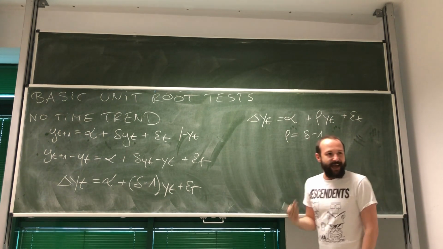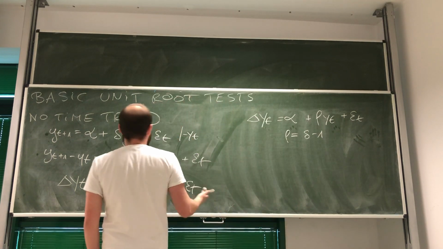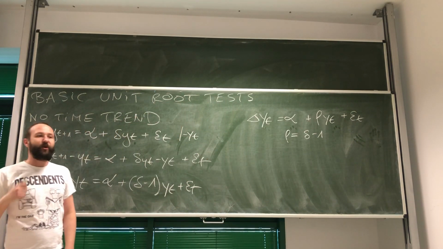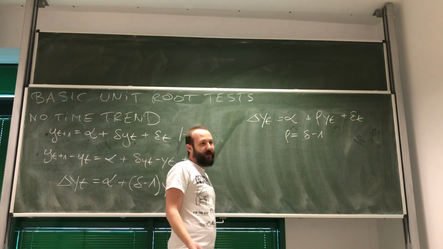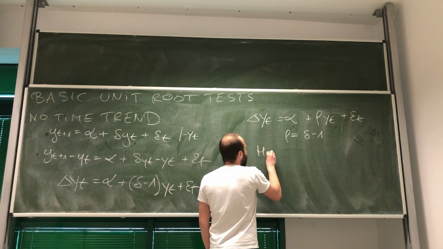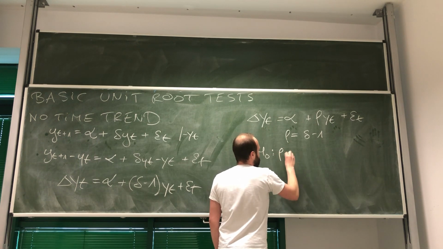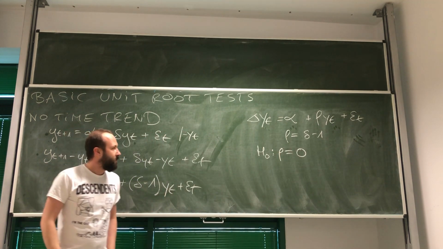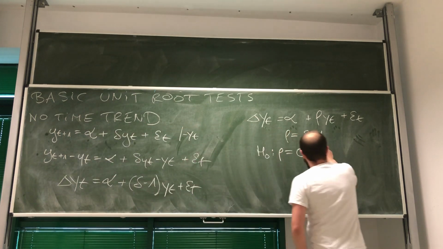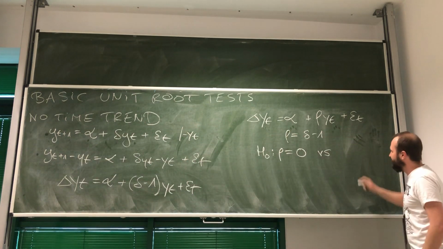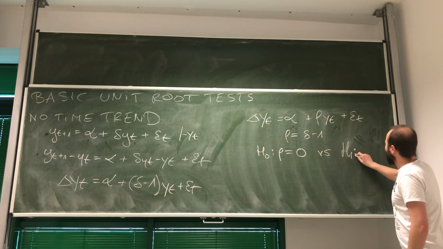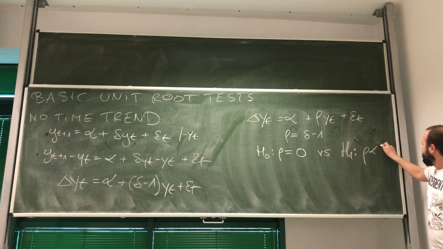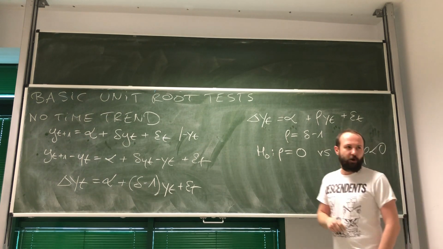Now look, every time we estimate an equation, we can easily make a hypothesis that a given coefficient is equal to 0 and test it. Of course, here we will have this versus the alternative hypothesis that rho is smaller than 0.